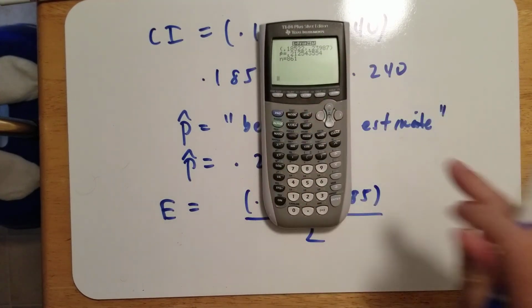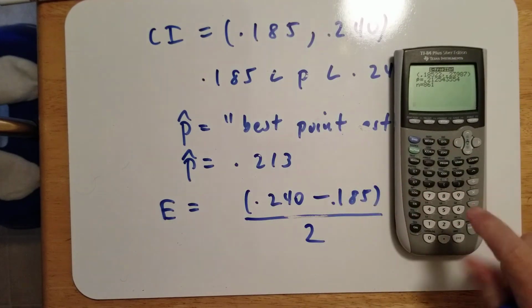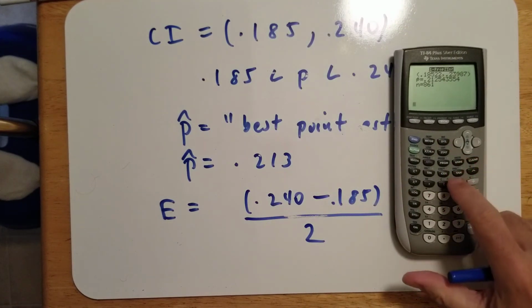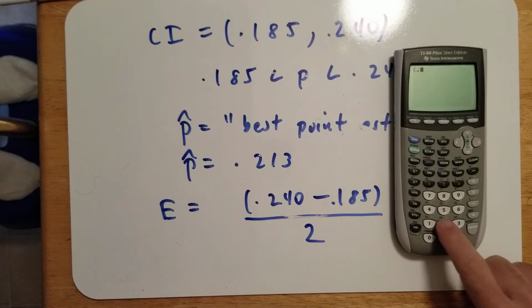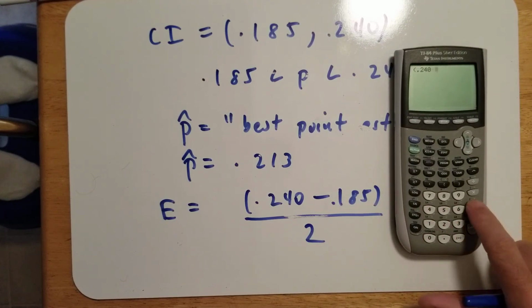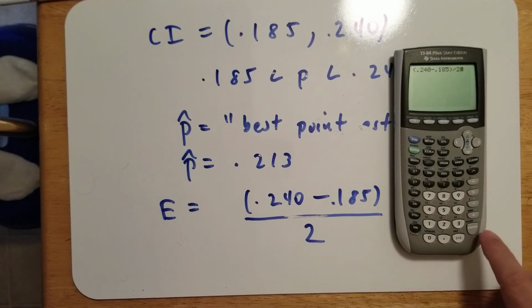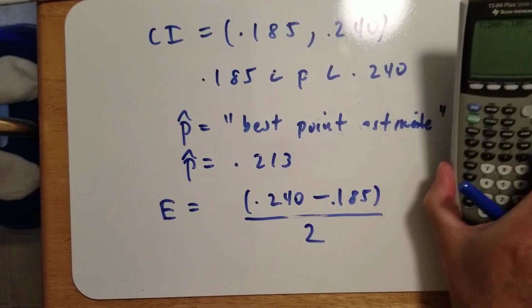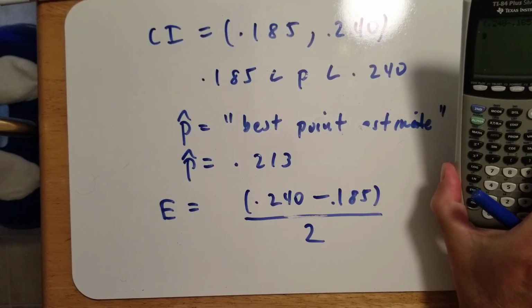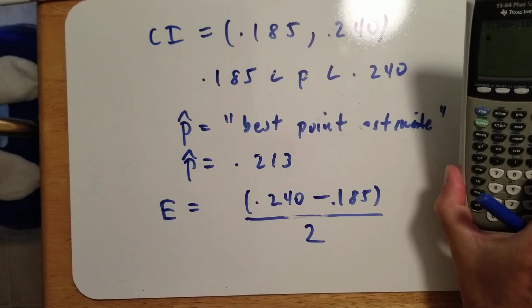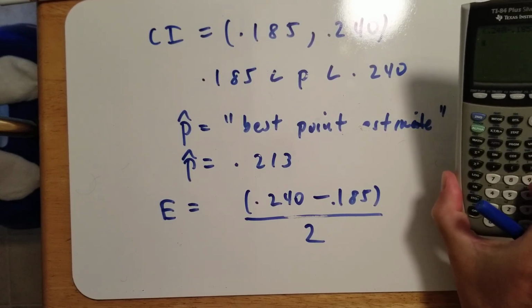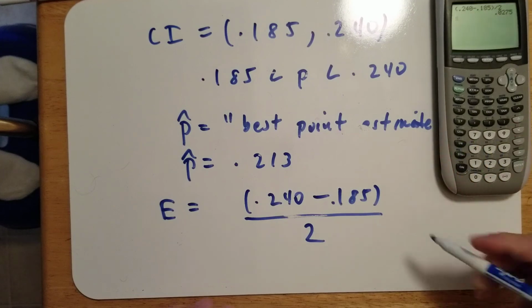So on the calculator, (0.240 minus 0.185) divided by 2 gives us the margin of error, 0.028, rounded off to 3 decimal places.